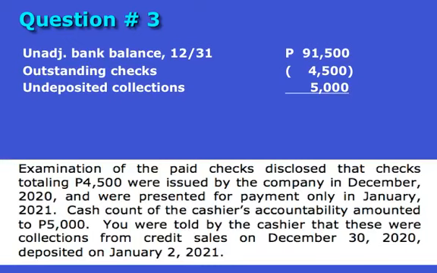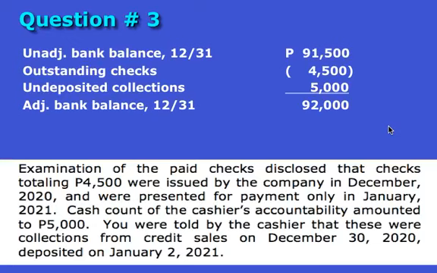Okay? So, balance per bank. Bank reconciling items. As adjusted. Okay. That's the actual. Okay?